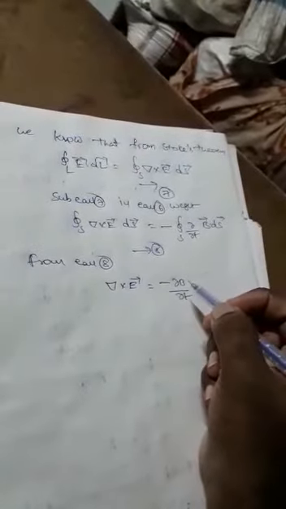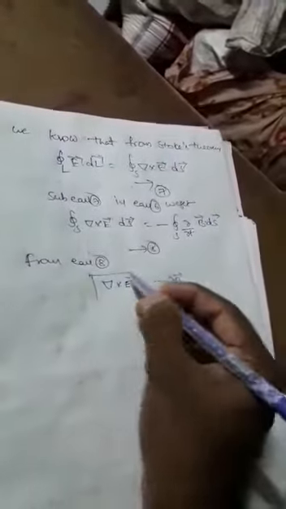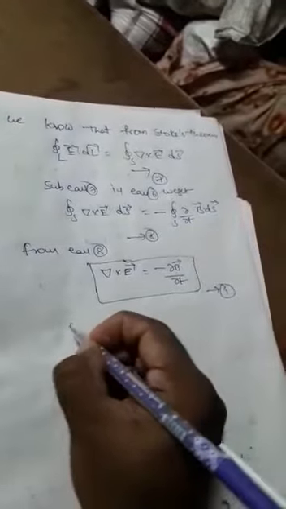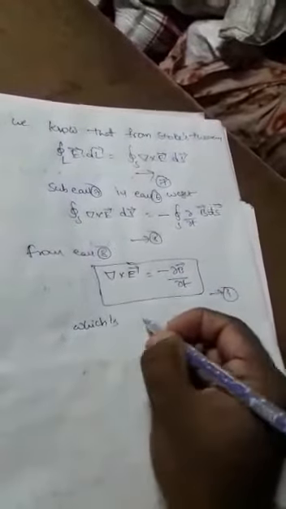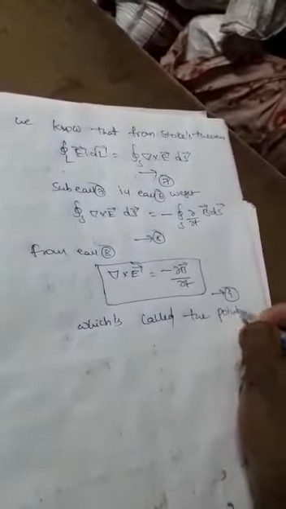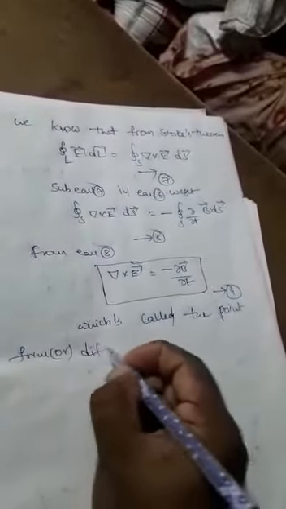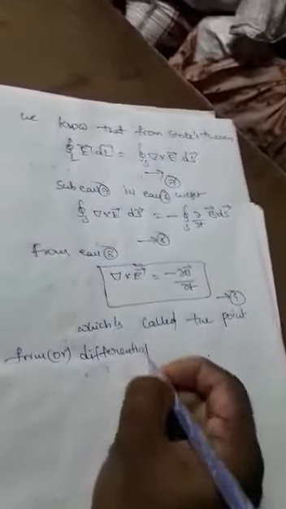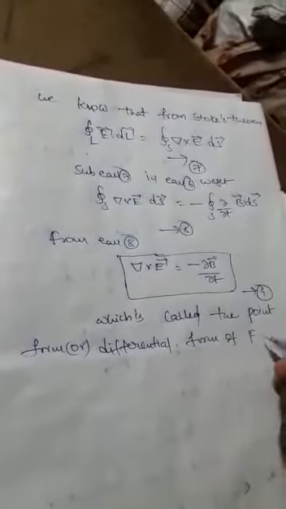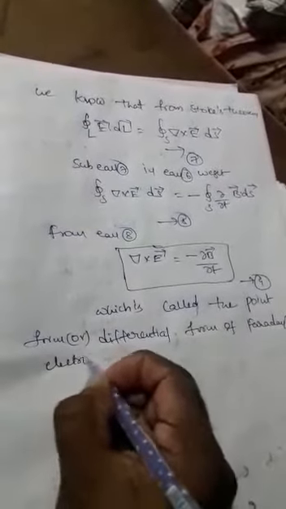Curl of E bar is equal to minus dou B bar by dou t, which is called the point form or differential form of Faraday's electromagnetic induction.